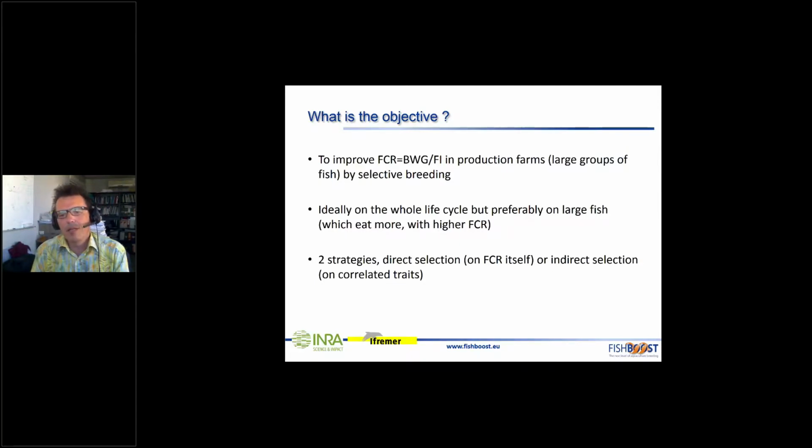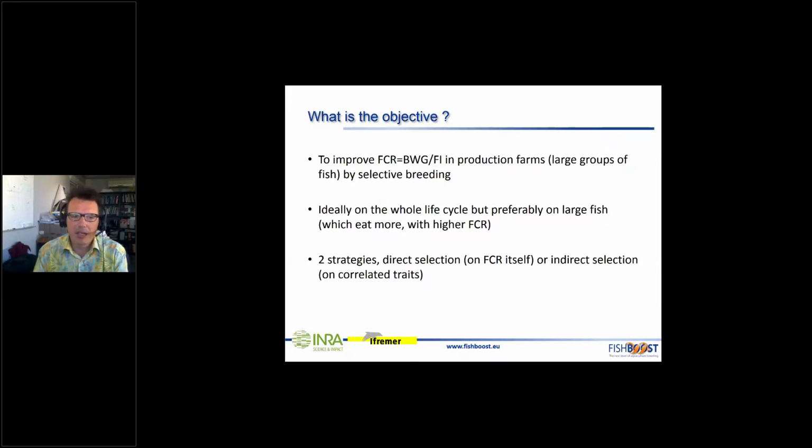So the best target is the large fish at the end of the growing period. To do this, we can consider two possible strategies. The easiest one in theory would be direct selection on FCR itself, or we can try indirect selection, using traits that we know are correlated with FCR.